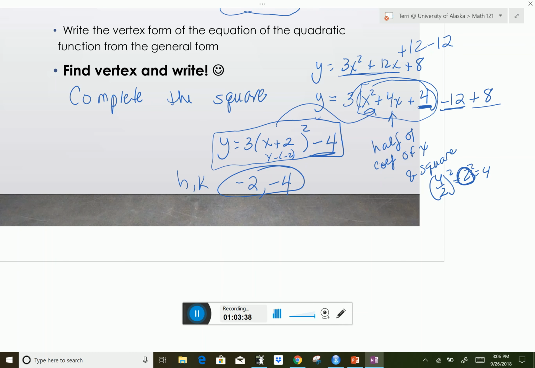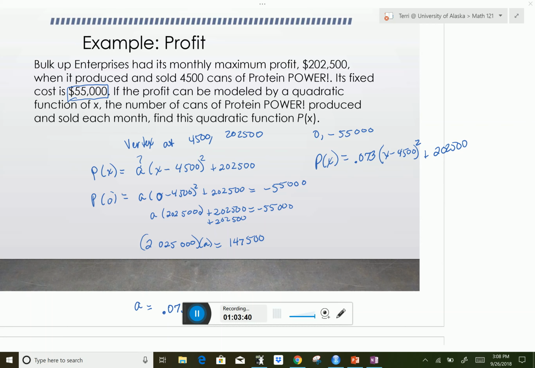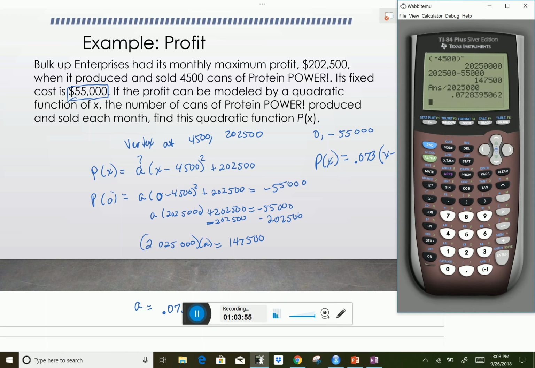I'm going to go back and check something. Okay, sorry, I'm not done, and I found my mistake. I knew I had a mistake in here. I accidentally added instead of subtracted, so this should have been minus 202,500, which would have made this, let's bring this back. I apologize, I knew it was wrong.